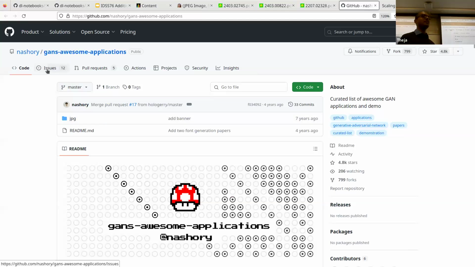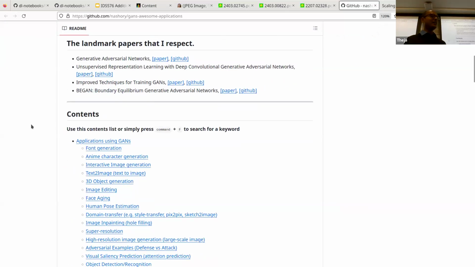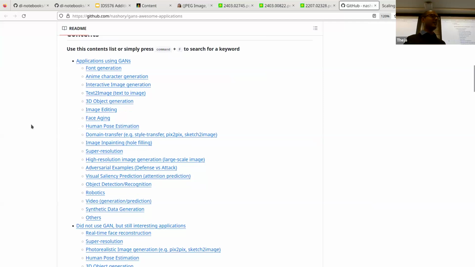Here's a repository that I just picked right before the class, called GANs Awesome Applications. If you look at the list of applications here: font generation, interactive image generation, text to image, image editing, face aging, 100 different applications. So you can see that there are so many things people have worked on with just the same canonical idea that we're going to look at next.